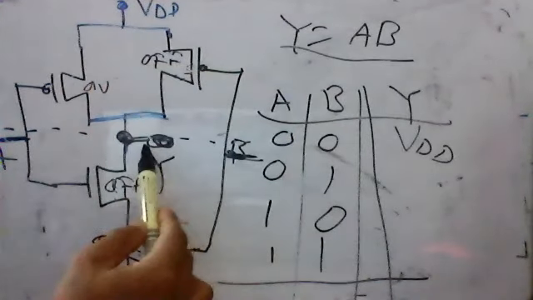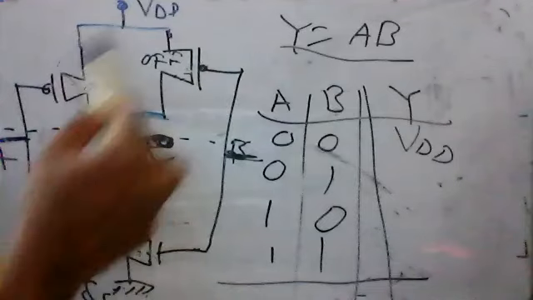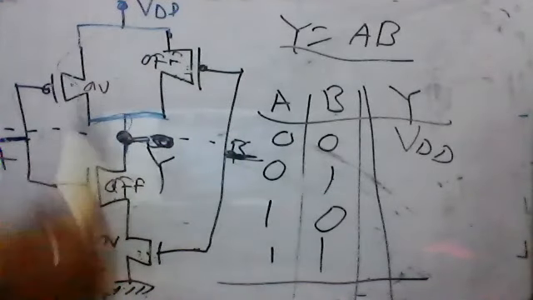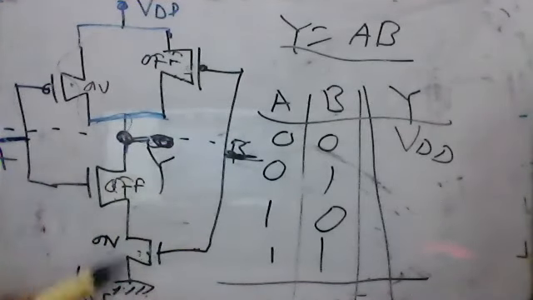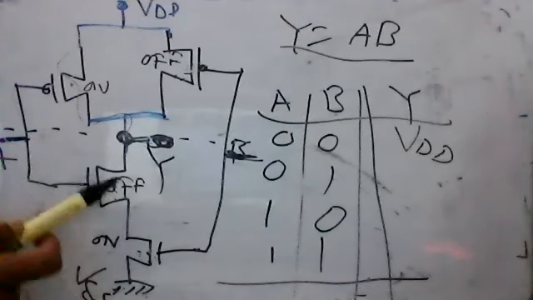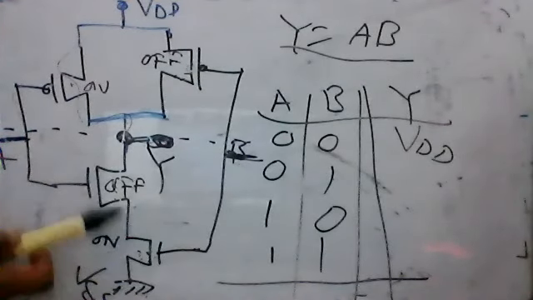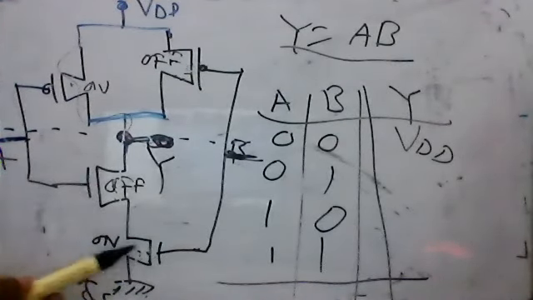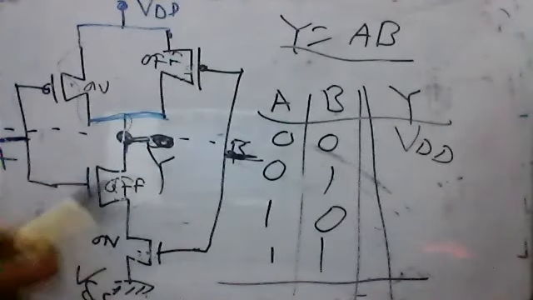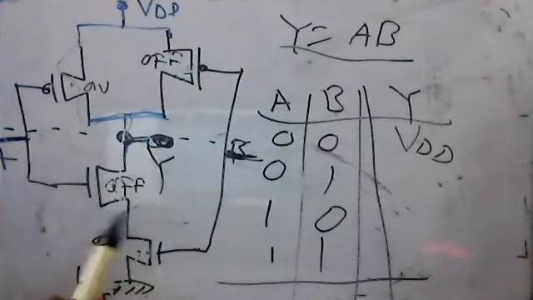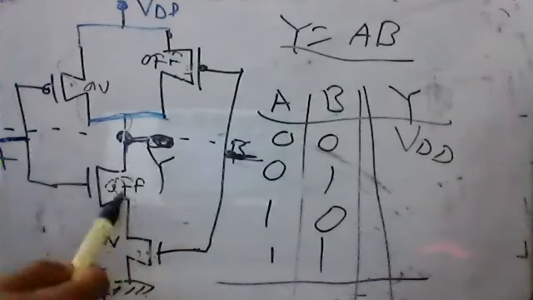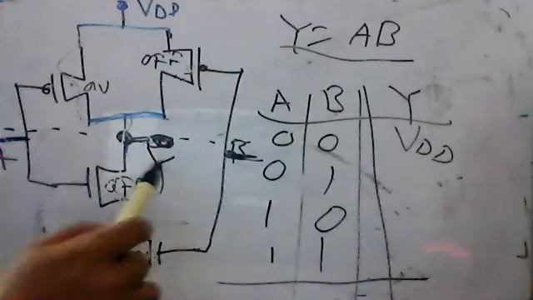Now if we look at the output, output is connected to the VDD through this transistor, but output is not connected to the ground because this one is on but this one is off, but they are connected in series, right? এটা সিরিজে থাকার জন্য, এটা অফ, রাইট? They all work like switches. আমরা জানি যে ট্রানজিস্টরস আর জাস্ট লাইক এ সুইচ। তাহলে গ্রাউন্ডের সাথে কানেকশন নাই, but output is connected to the VDD, so in here will be VDD again.